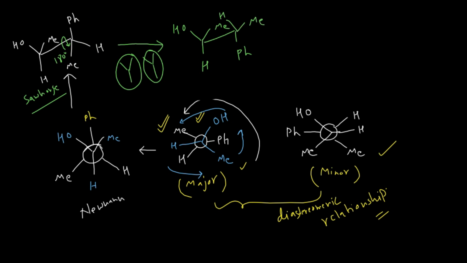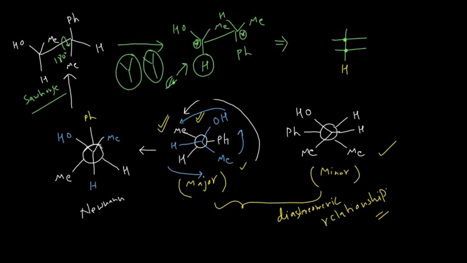Now you can convert this into the Fischer formula. In the Fischer formula, this is your chiral carbon, and this is again your chiral carbon. So basically this system has two chiral carbons. One chiral carbon is here, another chiral carbon is there. If you are looking at your molecule from here, this hydrogen is at the bottom place. So you can put this hydrogen here.